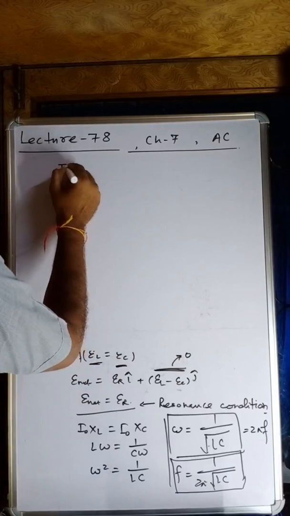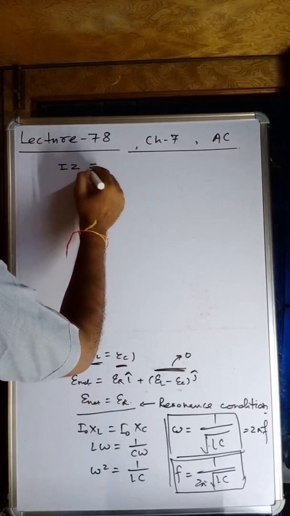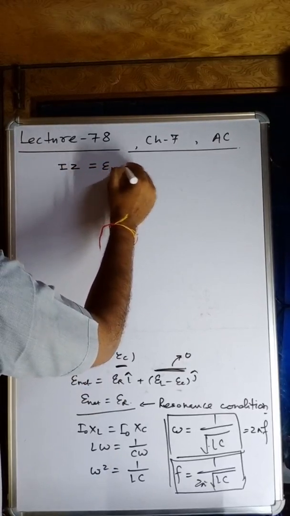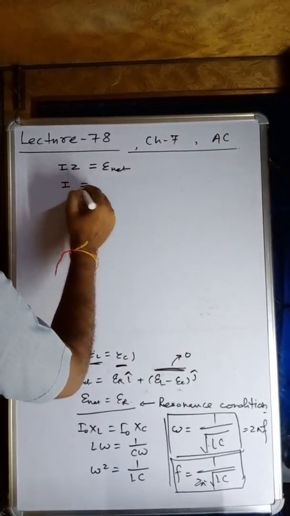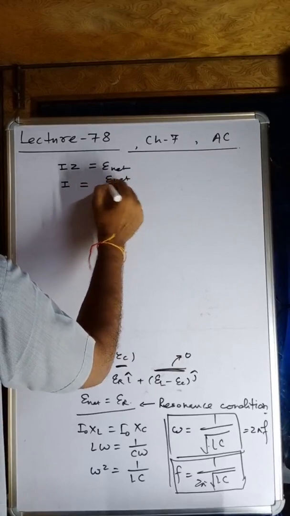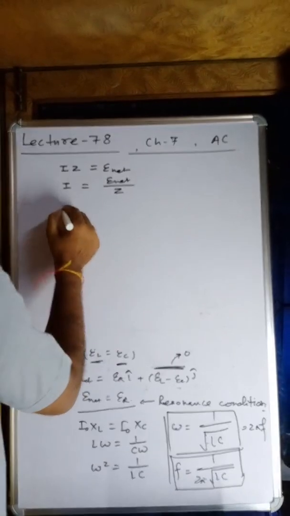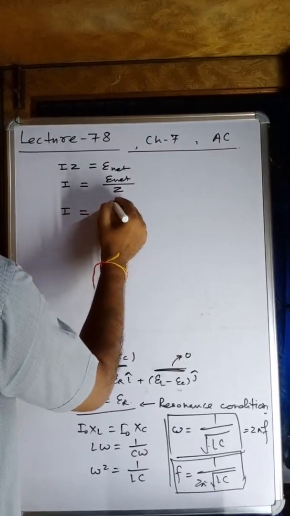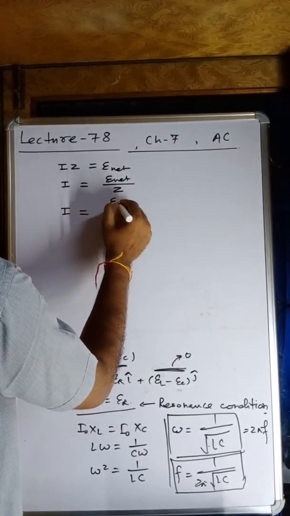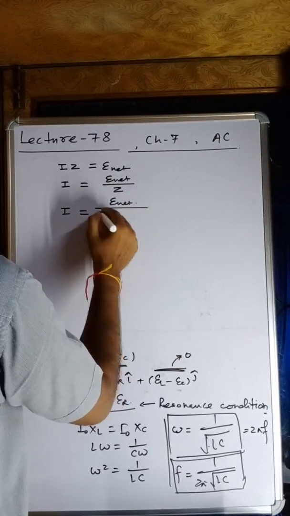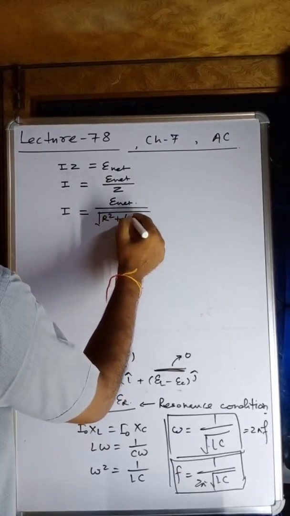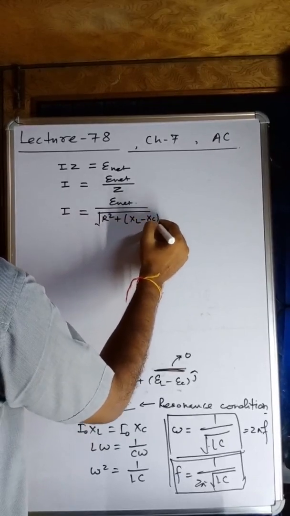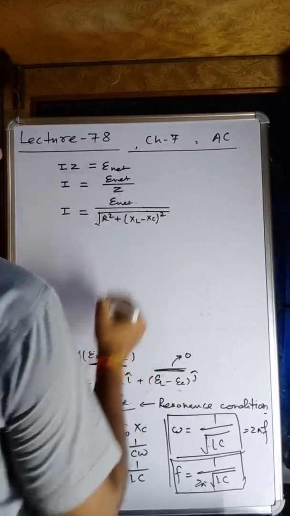It was IZ equals E net. It means I equals E net divided by Z. And what is Z? So it is E net divided by root under R square plus (XL minus XC) whole square.